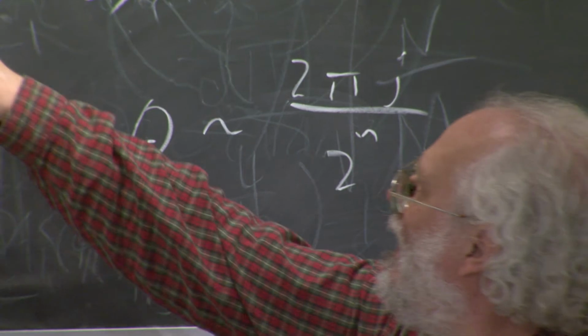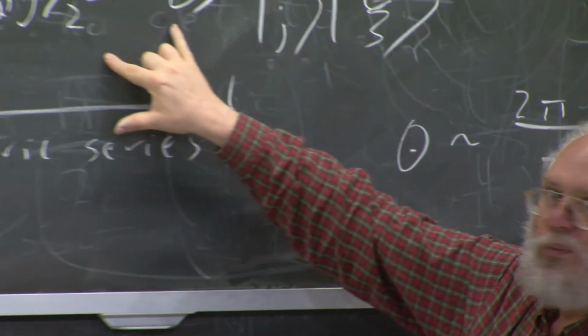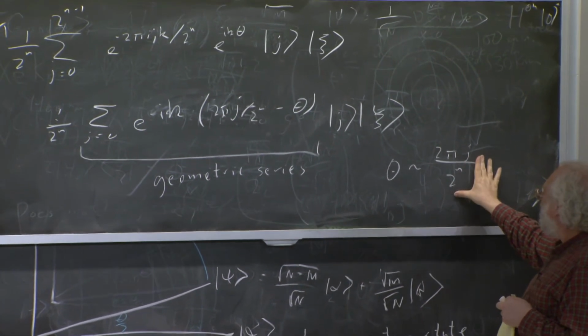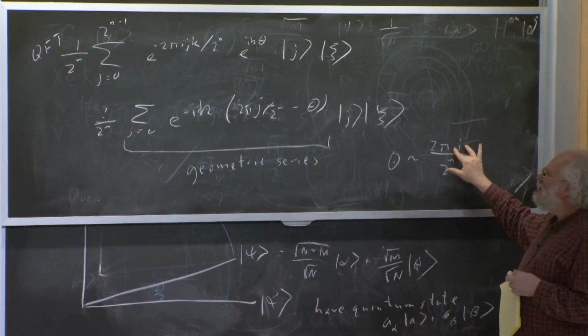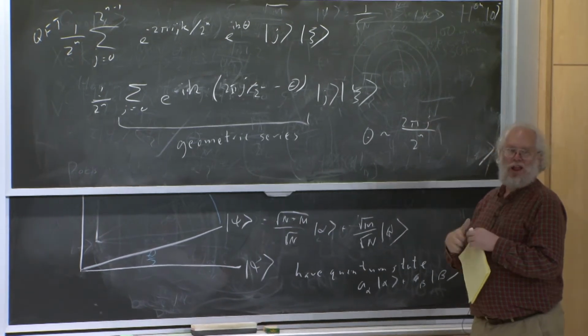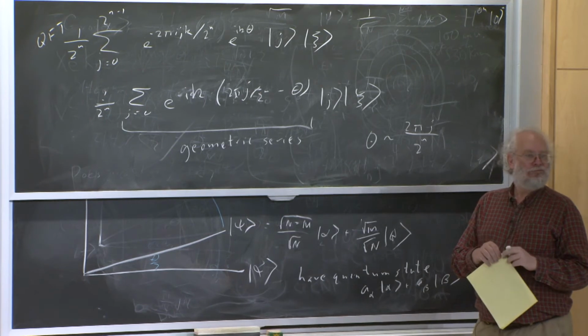Because if we get anything far away from this, the sum is very close to 0. So we'll get the exact j plus or minus order 1.